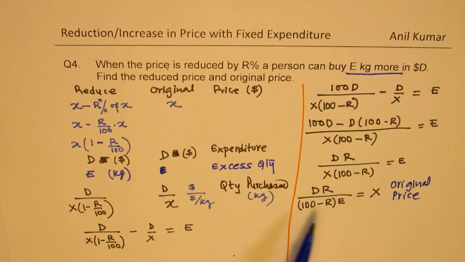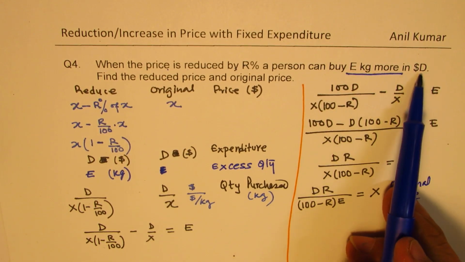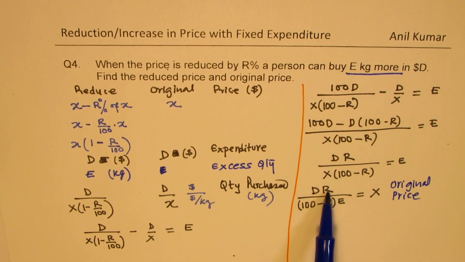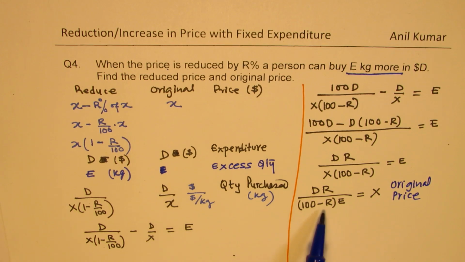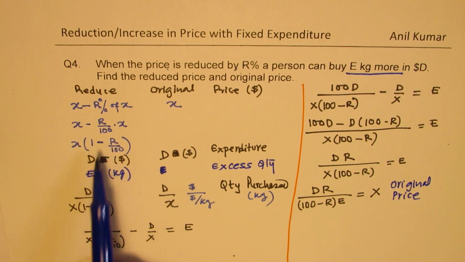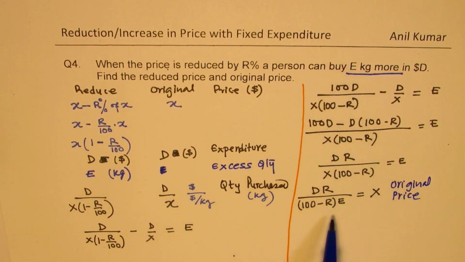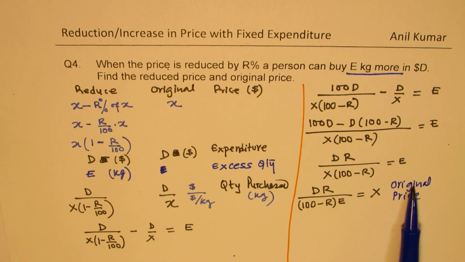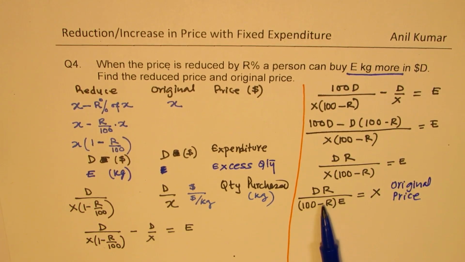Now this formula relates the dollar amount which we have, the percentage reduction R, and 100 minus R, which is the new purchase price, times the excess amount you can buy. Does that make sense to you? So we get our formula straight to find the original price. You can always use this particular formula to find the original price.